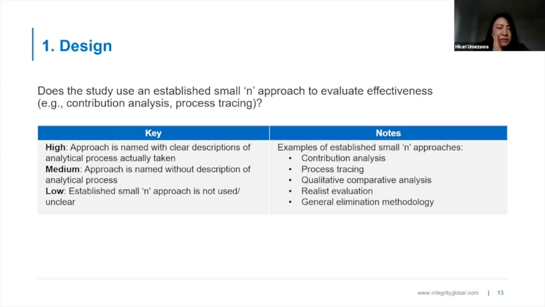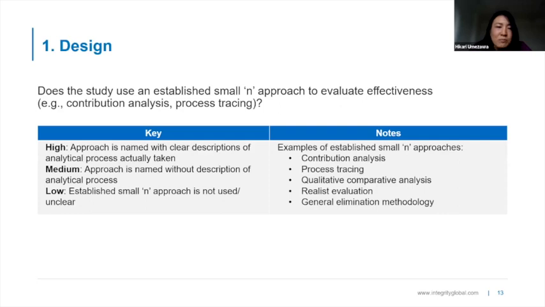Before starting the group discussion, I'm going to quickly show an example of how to answer the first assessment question. The first question is about study design, and it asks, does the study use an established small n approach to evaluate effectiveness?